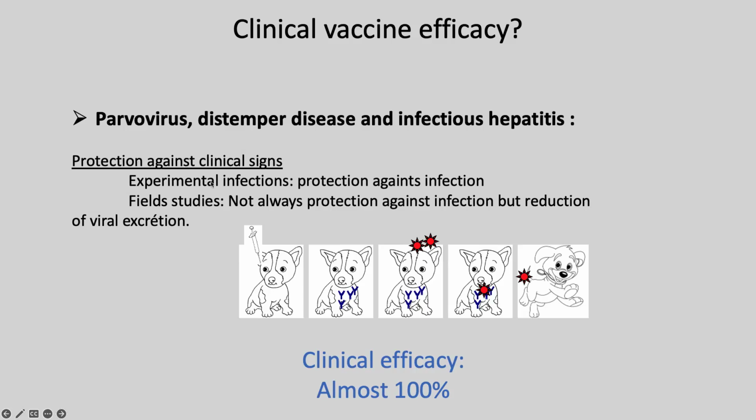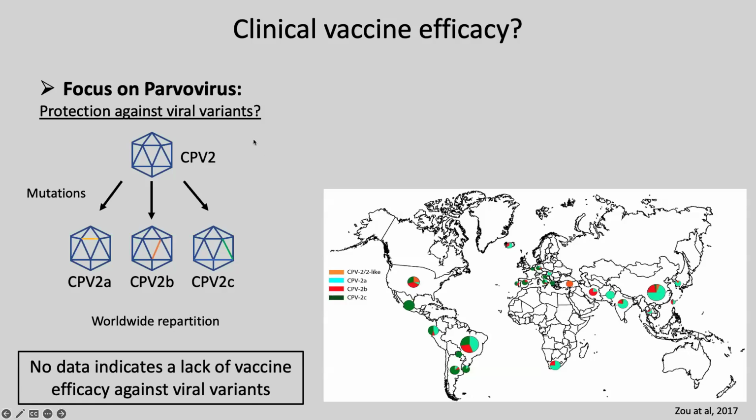In experimental infections, we also have protection against infection, but globally, in field studies, the vaccines do not always protect against infection, but nevertheless induce a reduction of viral excretion. What is important is that for these three vaccines, the clinical efficacy is almost 100%.